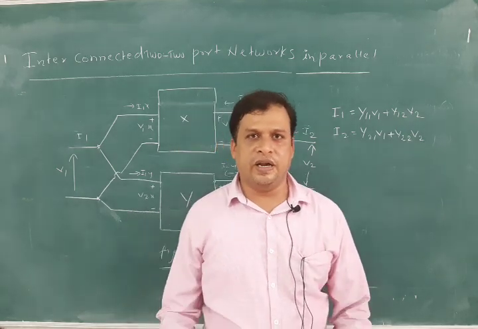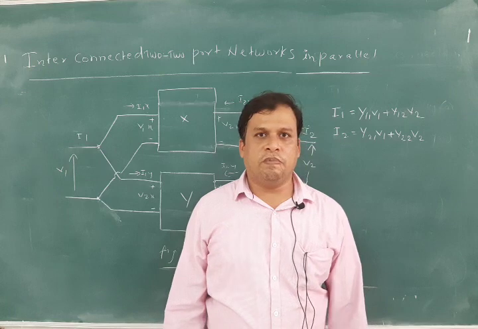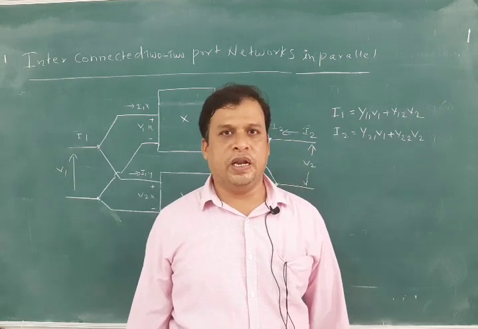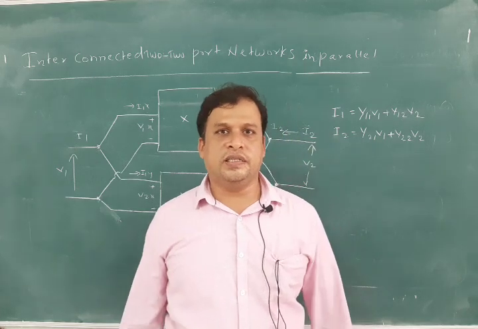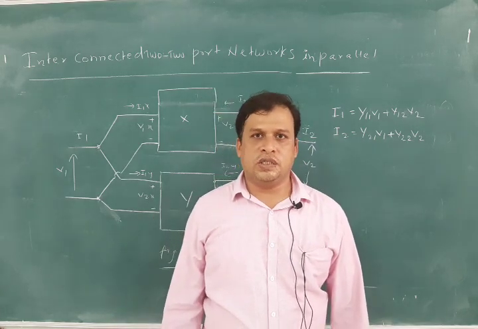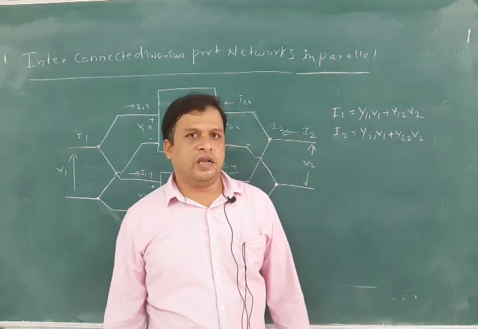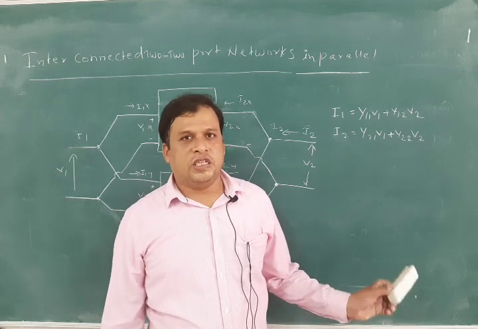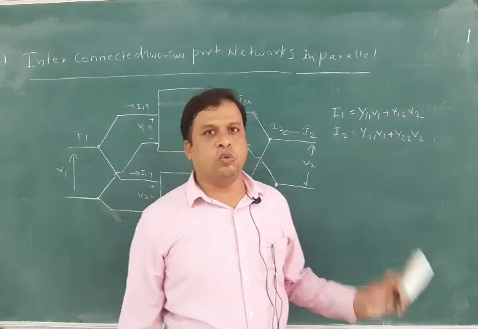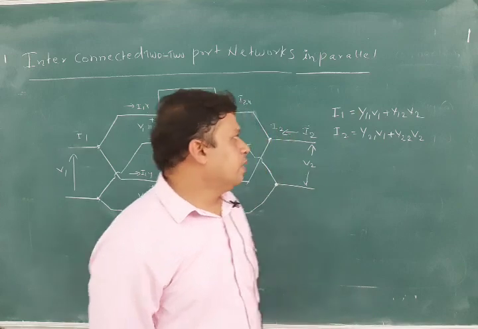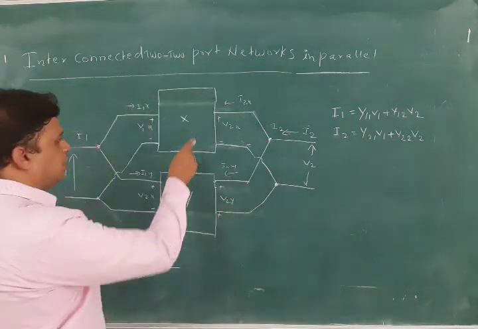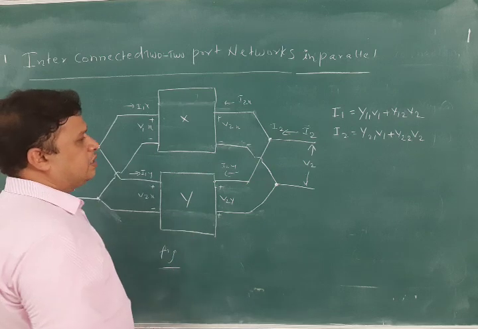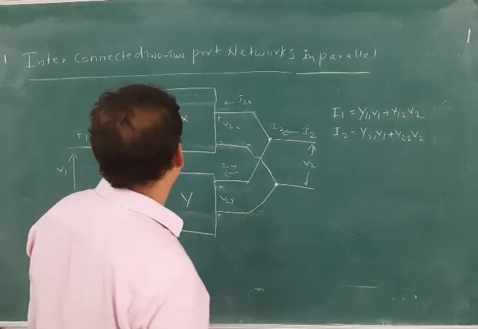The current will be divided. What happens to the voltage? The voltage will remain the same in a parallel connection. It is quite the opposite of the series connection. In the series connection, the voltage was divided, and here only the current is divided, not the voltage. We will see the equations belonging to the X network, and for the Y network we will write in a similar way.